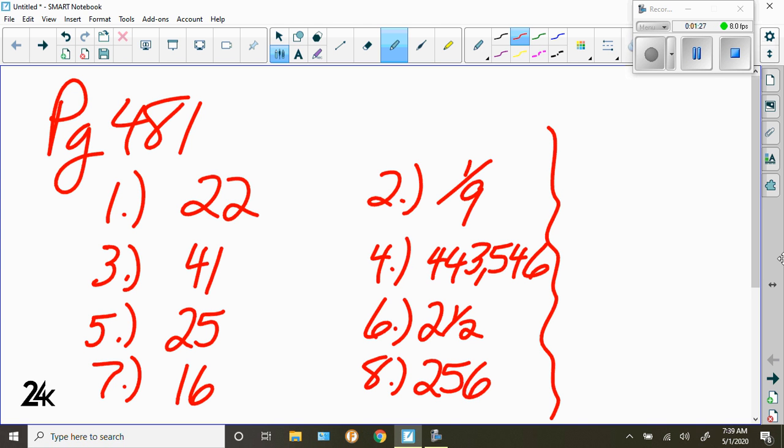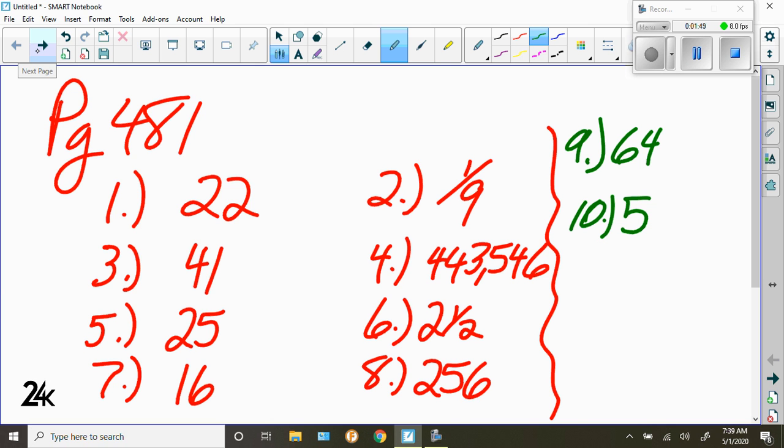Number 9, the last answer was 64. And number 10, the last answer was cinco. Okay, so check those and then make sure that you have the other two numbers that go along with those.